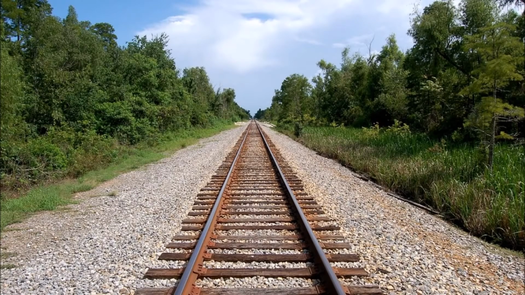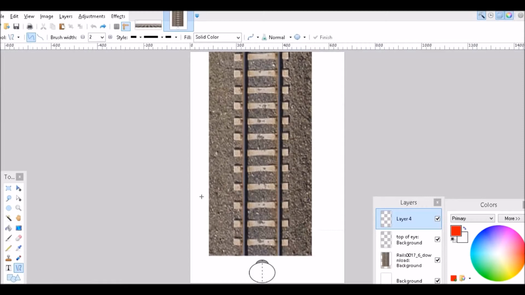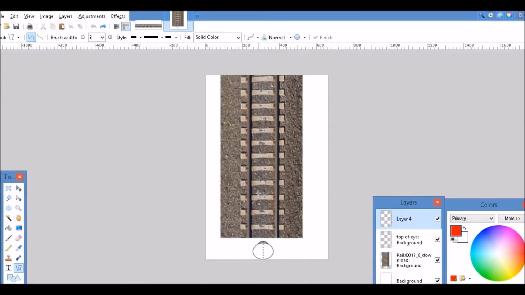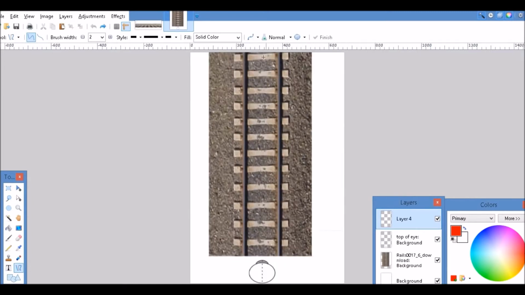So, how do our eyes render the convergence of the railroad tracks? And to understand this, we need to look at the railroad tracks from a different vantage point. Let's look at them from above this time, from a bird's eye view, so that we can learn exactly how the tracks seem to converge at a vanishing point.